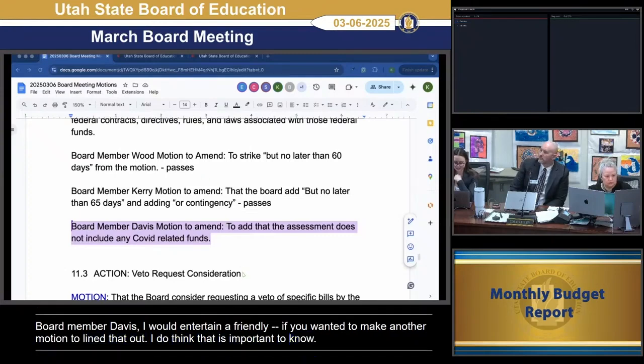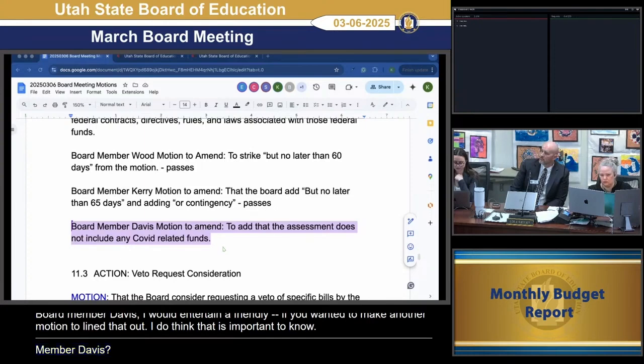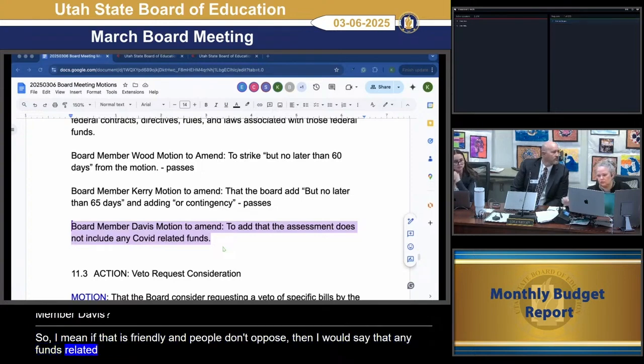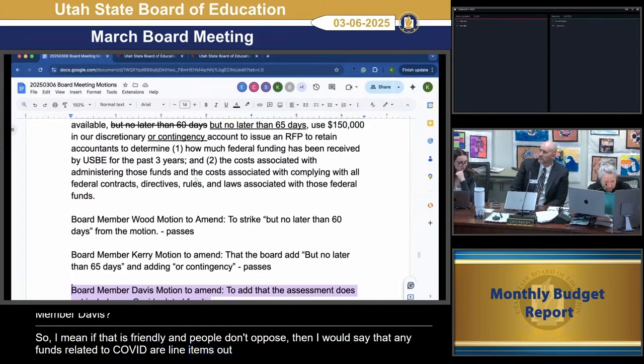So, if that's friendly and people don't oppose, then I would say that any funds related to COVID are line itemed out and separated so that we get an accurate picture of what was COVID related, separate from what has been ongoing traditionally federal funds.